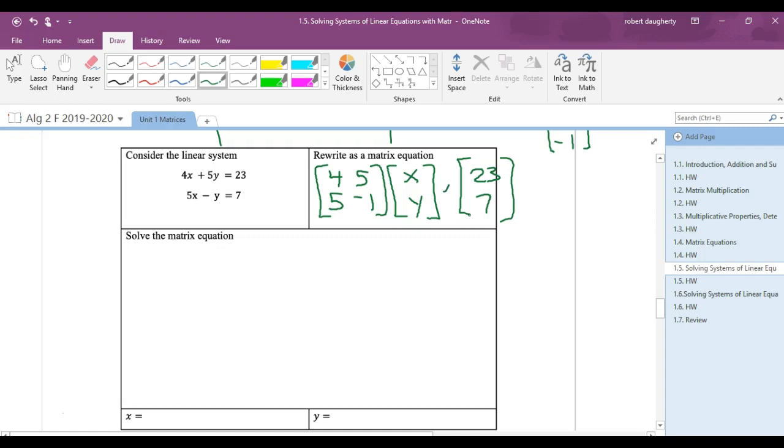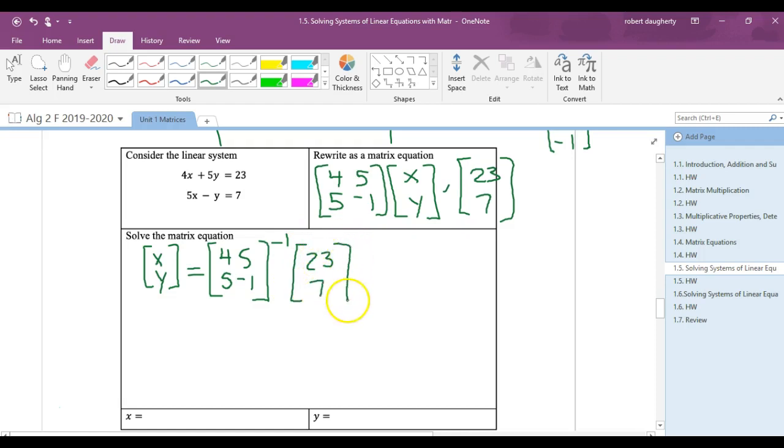So x, y is the inverse of this matrix times 23, 7. And then we have to find the determinant.